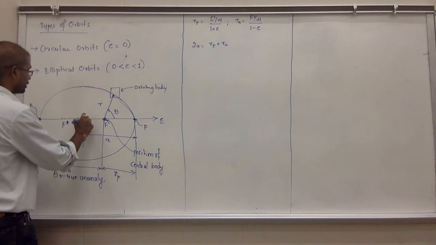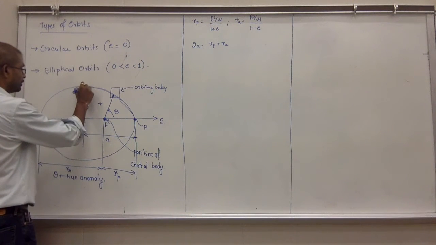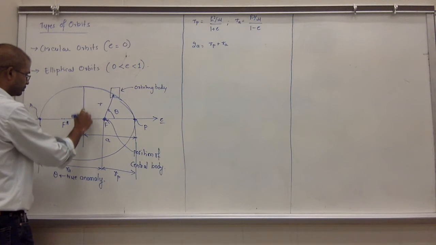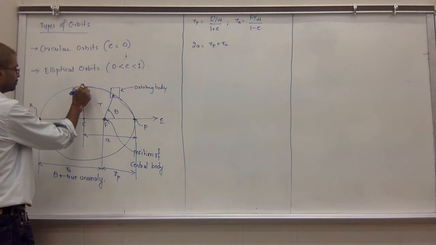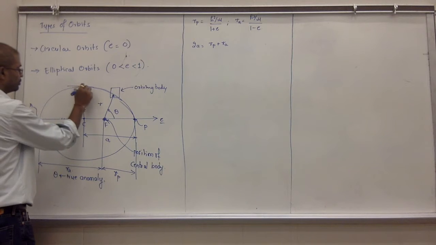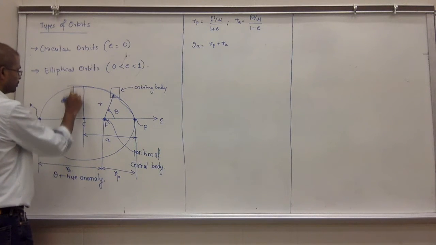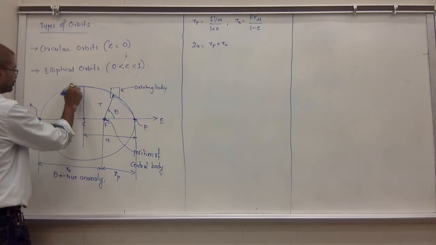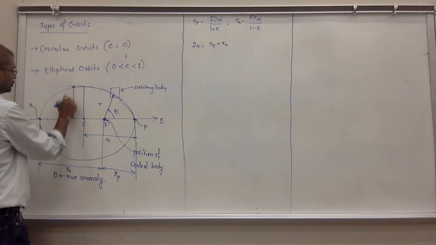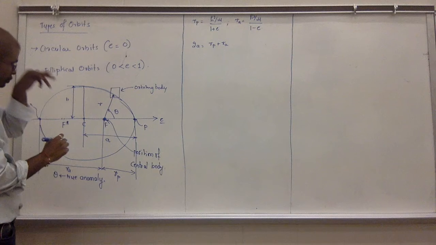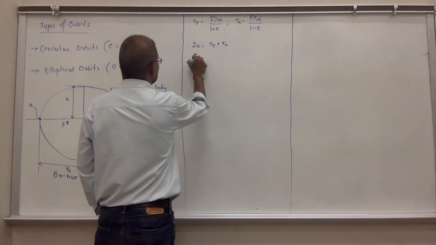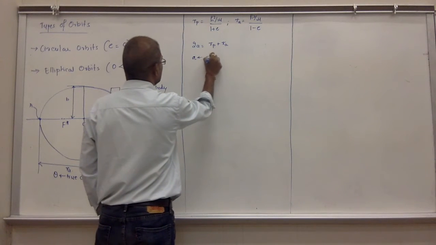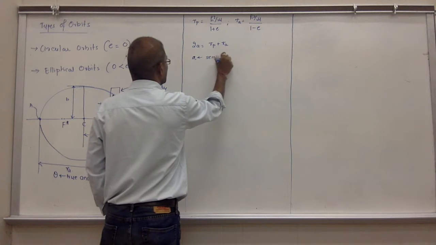This is the semi-minor axis. If you draw a line right here, semi-major.